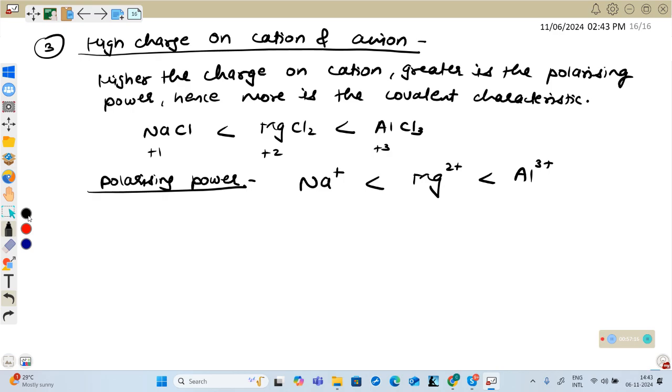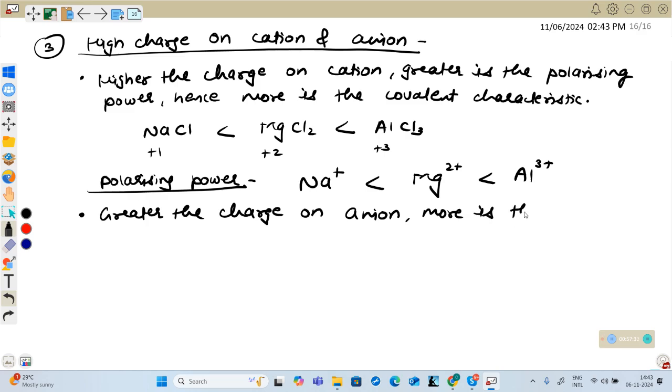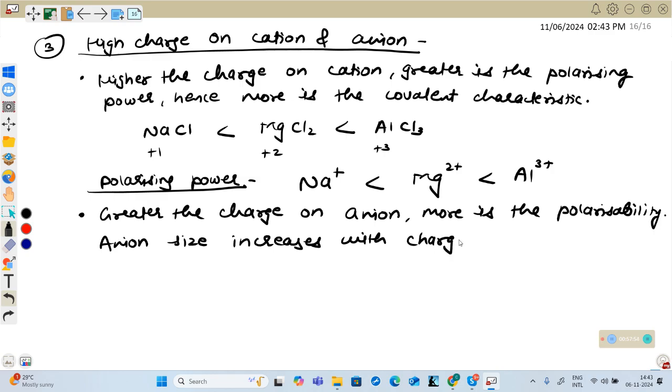Similarly, greater the charge on anion, more is the polarizability, because anion size increases when the charge on anion increases. You know that. So please remember, anion size increases with charge.